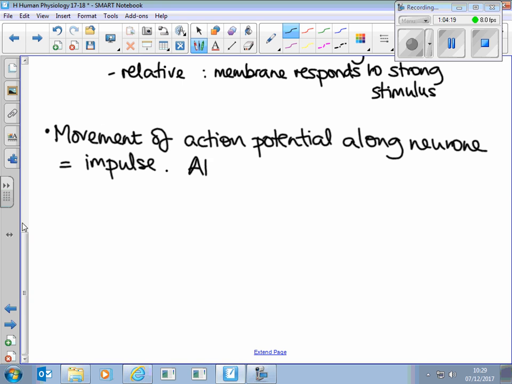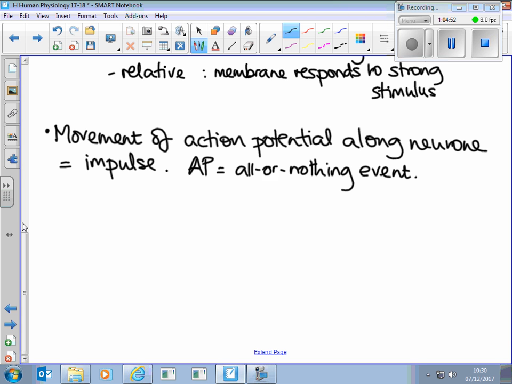I should have just called it the AP, shouldn't I? AP for action potential is an all or nothing event. It only goes in one direction as well, and that's maintained by this need to repolarize the membrane. So if you want nerve impulses in two directions, you've got to have two neurons. It can only go one way.